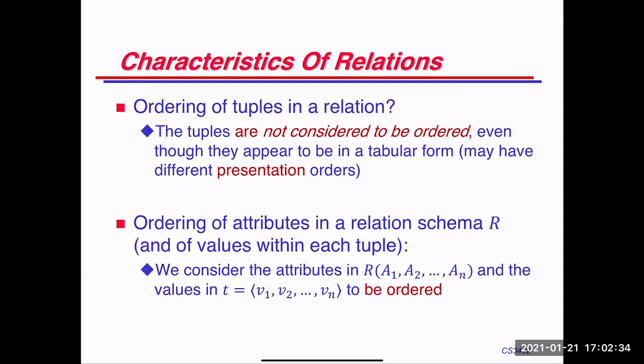This is a tabular form, like an Excel table. This relation schema is ordered, and also the values are ordered, so you can't just swap the values from column 1 with column 3 and expect it to be the same. So the takeaway from this slide should be that there's no ordering on the rows, but there is an ordering on the columns.